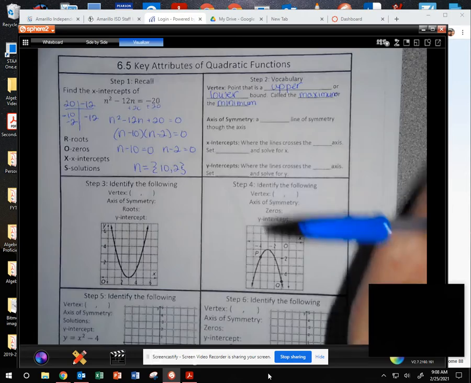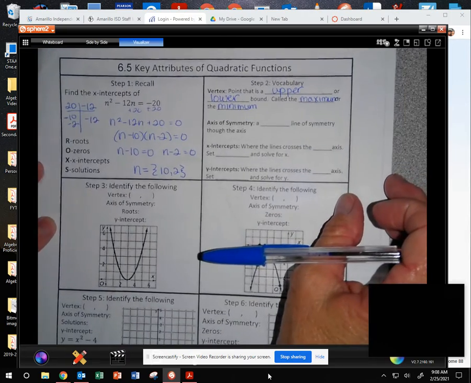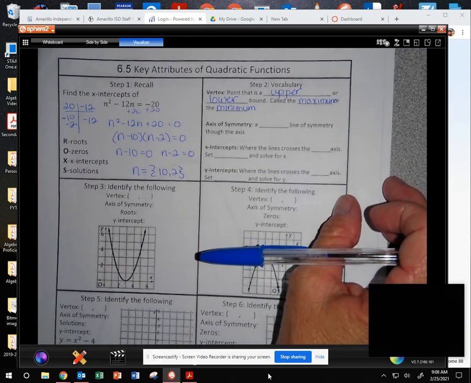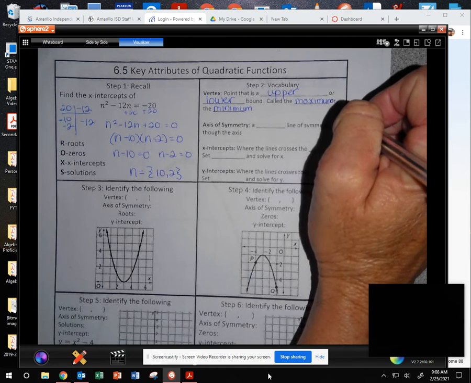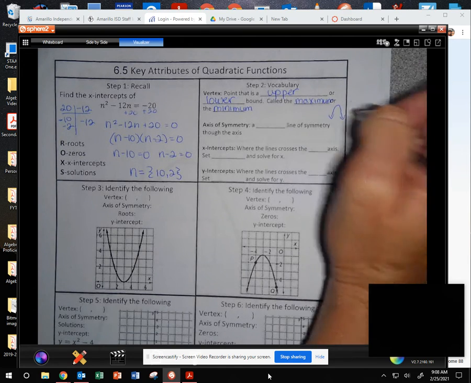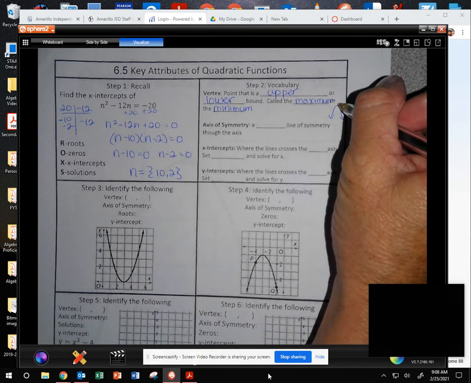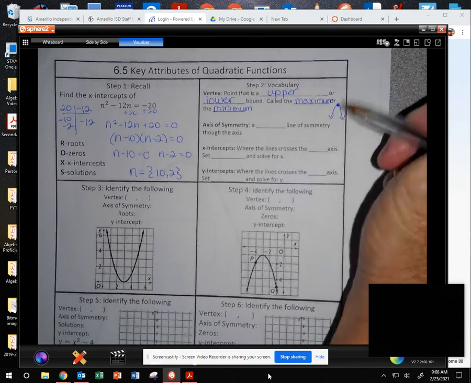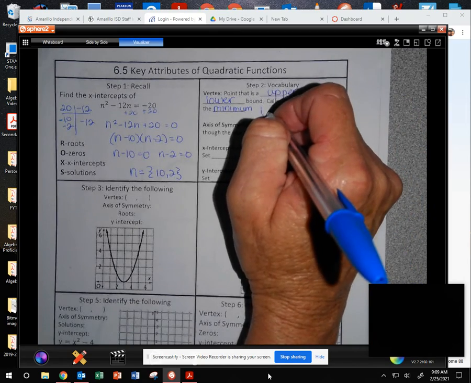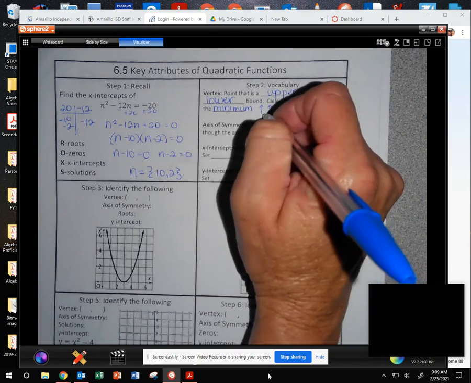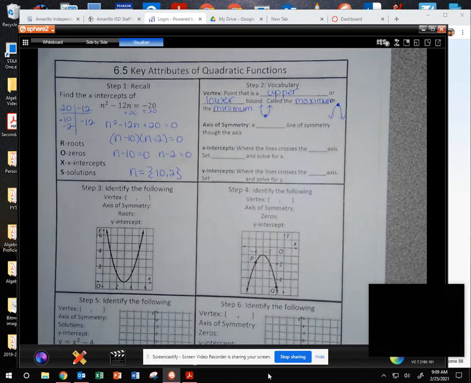When we graph a quadratic function like this, we get a parabola. The very top of my parabola would be my vertex. This is called the maximum. The lower part of my parabola is called the minimum.